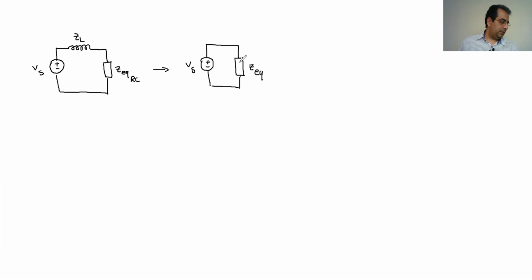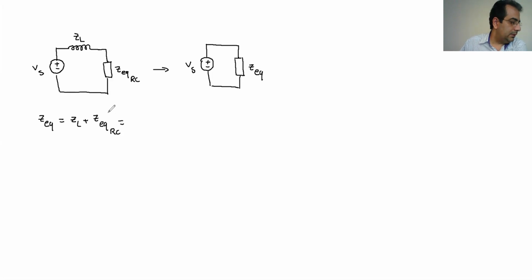So it's going to be the equivalent for all of them. So I know that ZEQ, again, assume these two behave as the resistance. So I have two resistances in parallel, the equivalent one is going to be, just add them together. So it's going to be ZL plus ZEQ of the RC.